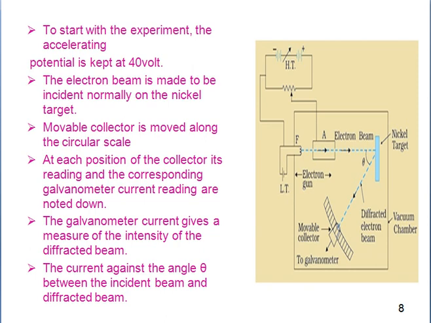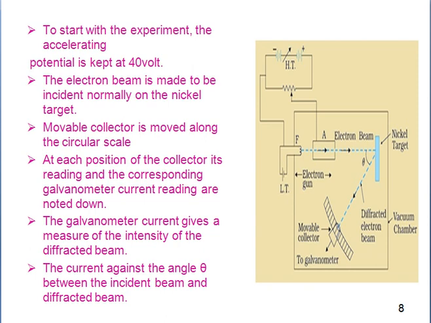Now we apply the 40 volts, the high tension battery. When we apply the high tension battery, the electron beam will be accelerated and pass through the cylinder. Then the fine beam of electrons will be incident on the nickel target.